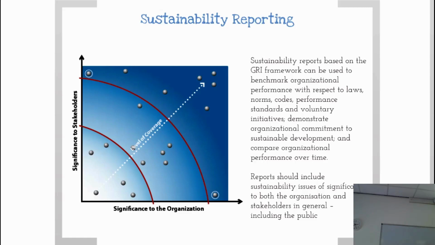Sustainability reports based on the framework are supposed to talk about relevant laws, norms, codes and performance standards, so how you are doing on your commitments and how you work within local laws. And they should report issues of significance to both the organisation and your stakeholders and the general public. So your indicators should be across a wide range of people.